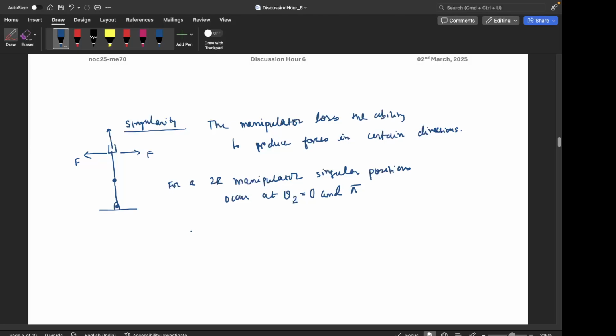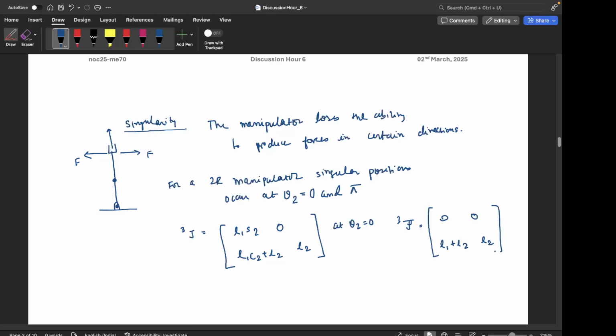The Jacobian in frame 3, the tool frame, is L1 S2, 0, L1 C2 plus L2 and L2. Now at theta 2 equal to 0, J3 is 0, 0, L1 plus L2 and L2, right?